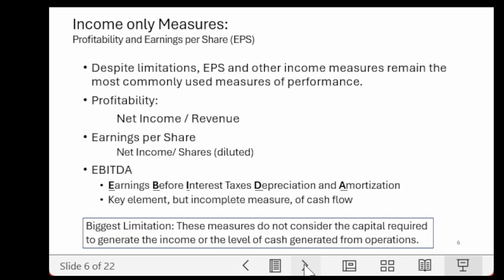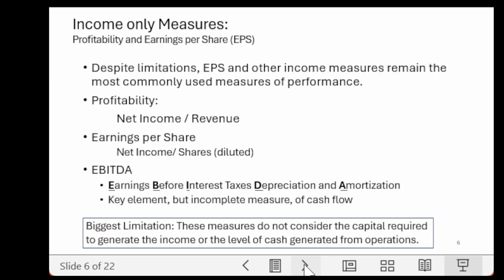All right, income-only measures, things like profitability, net income, earnings per share. Despite the limitations that we're going to discuss, EPS and other income measures remain the most commonly used measures of performance.